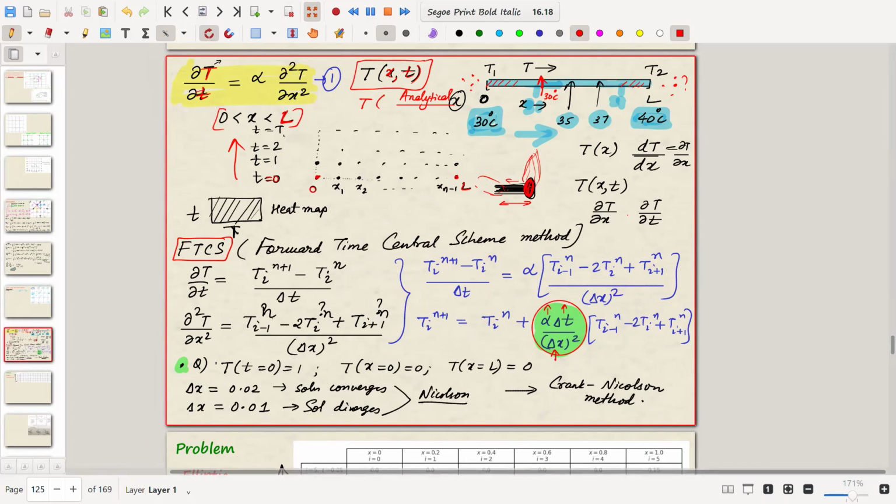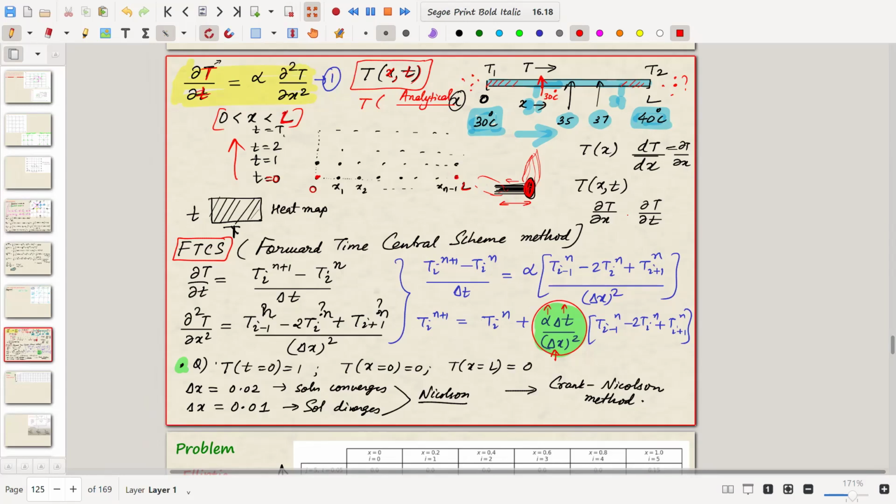Delta x is the grid size you want in the beam, what small difference you want to find in the beam. And then there is this term. We will solve this using an example. And we saw that if you choose delta x to be say 0.02, the solution will converge.